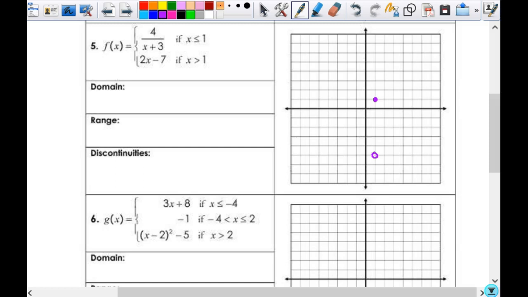The asymptotes are affected not by the stretches and the compressions, but they're affected by the translations, right? So this gets translated where? Left 3. Does it get translated up and down at all? No. So my vertical asymptote gets translated left 3. So I end up right here.